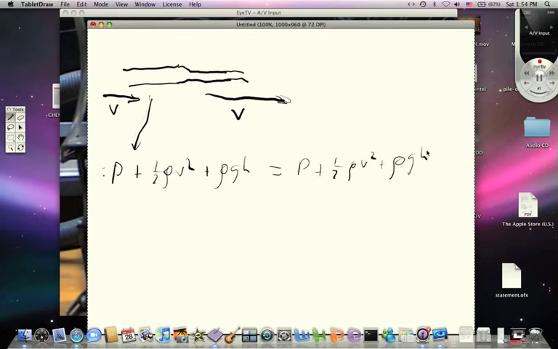The height doesn't change, so you can ignore those two terms. But the kinetic energy on the right side has to go up, so to conserve energy the pressure has to go down within the constriction. If the speed goes up, then the pressure has to go down.